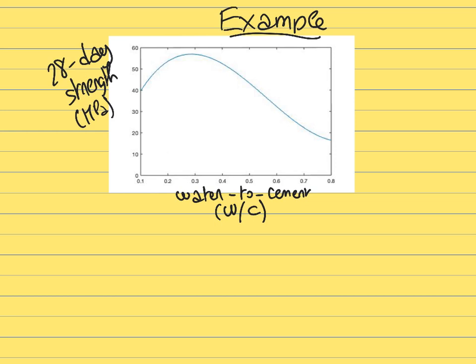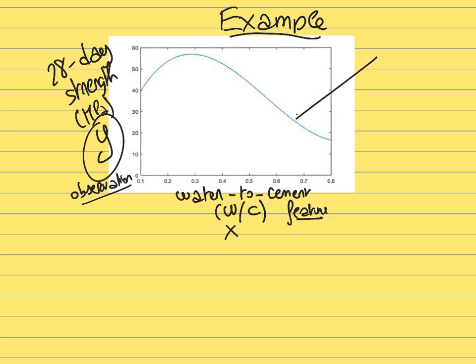In this case, this is y, the observation. The observation is the strength of concrete, and the feature that you want to use to predict the observation is the water to cement ratio, which is going to be your variable x. If your goal is to predict the strength of concrete as a function of how much water you put in concrete, there is a true function, a perfect function that should be able to describe this.